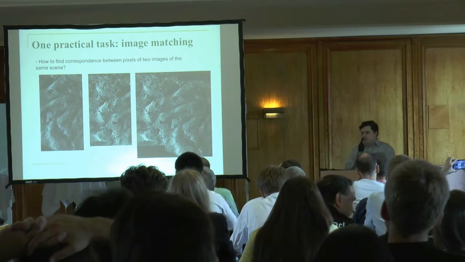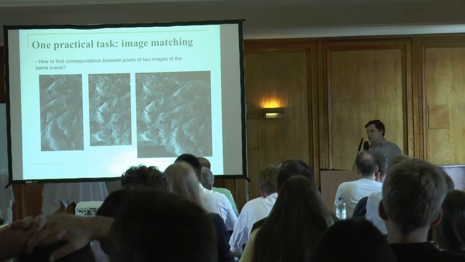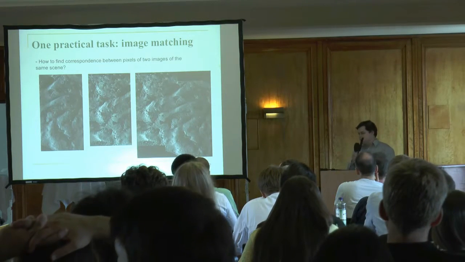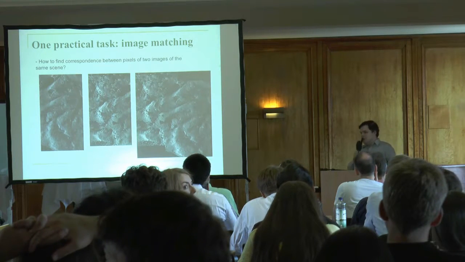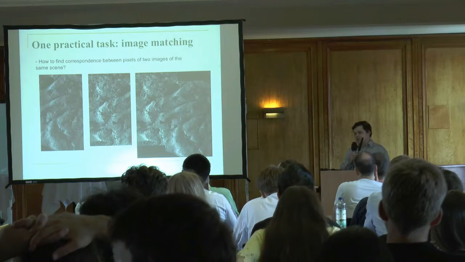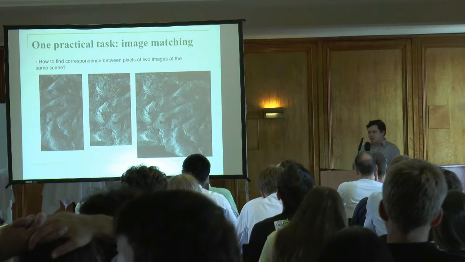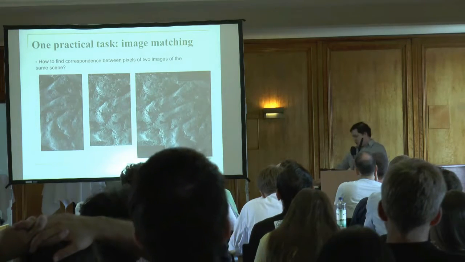Back then, I had quite limited knowledge in this area. So imagine that you don't know anything about image matching, and you need to find corresponding points on two images. So what is the most natural solution?